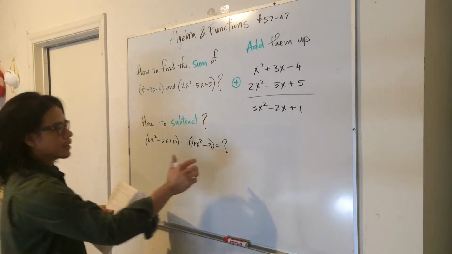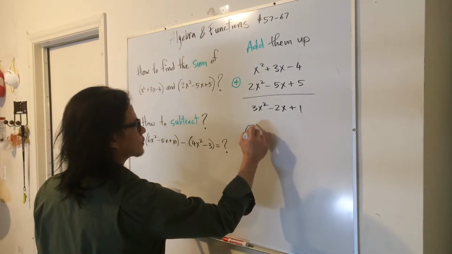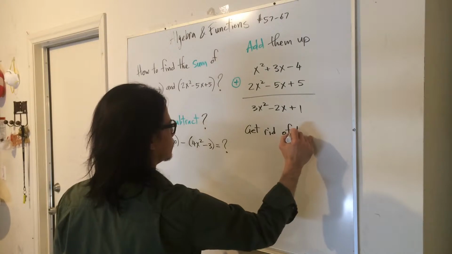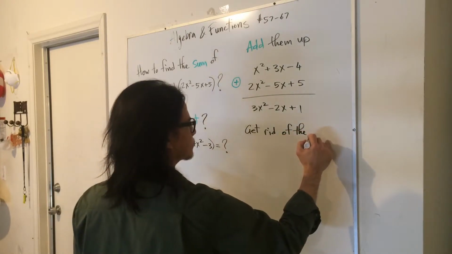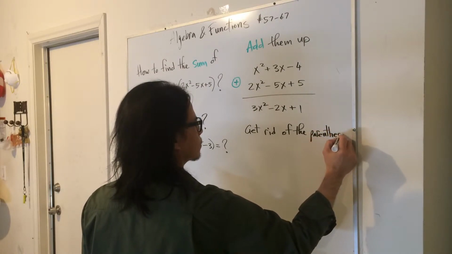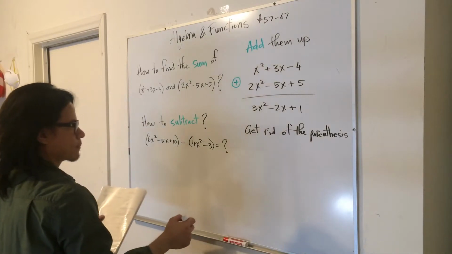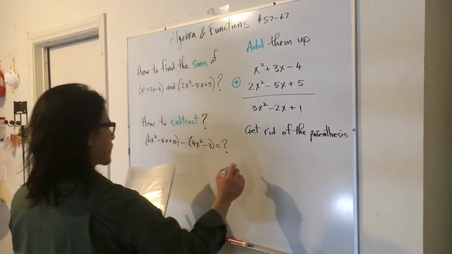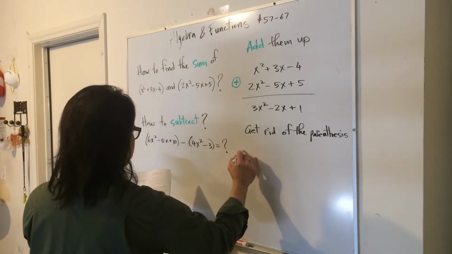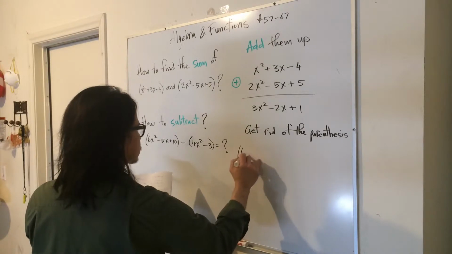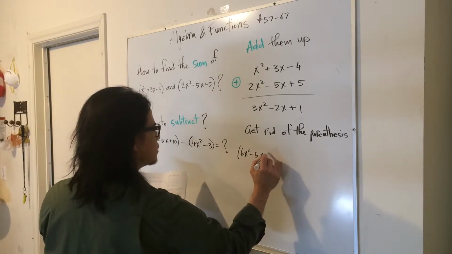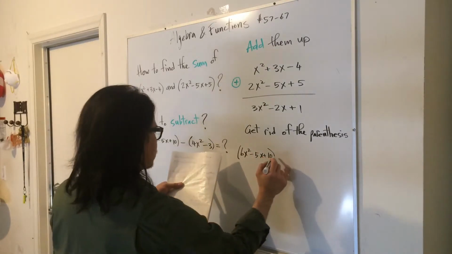Okay, so let's first get rid of the parentheses. We can do that by, here I'm just going to rewrite this for you. 6x squared minus 5x plus 10, just rewriting it over here.